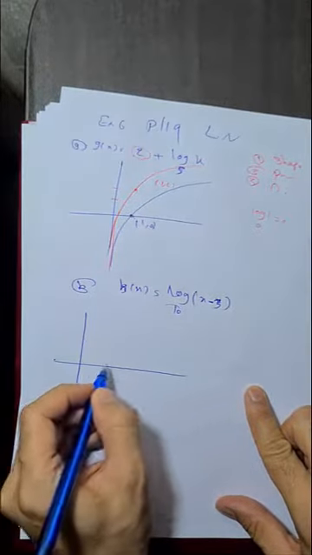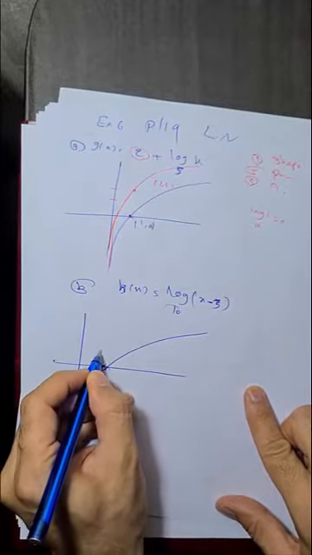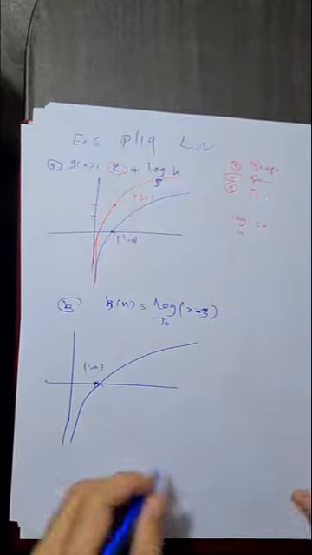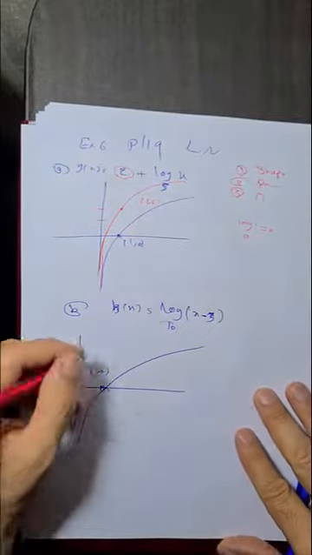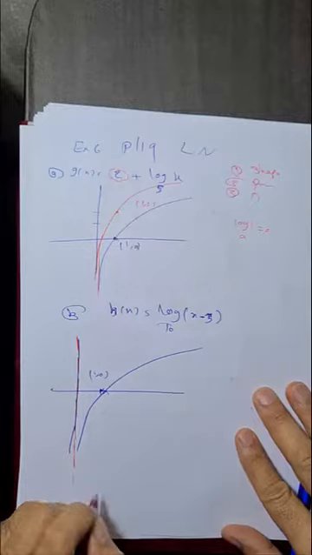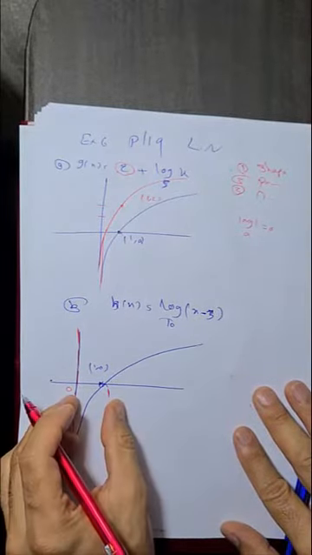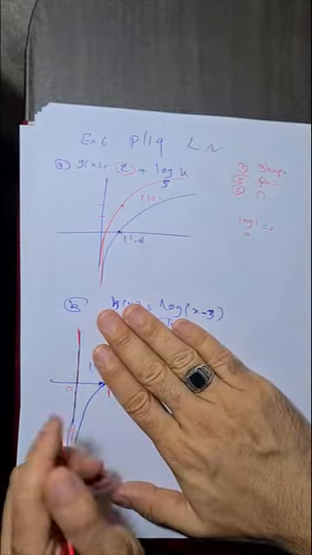From the beginning till now we have an asymptote at the y-axis. I have the point (1, 0), and the asymptote is x equals 0.